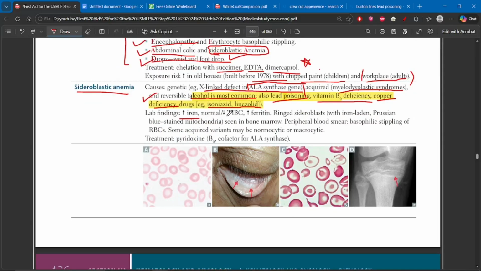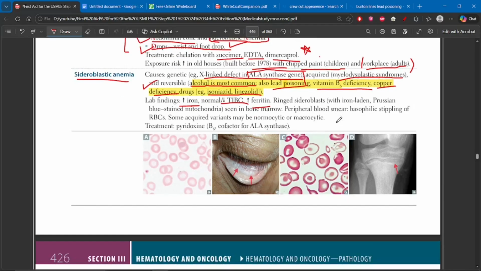So iron is going to accumulate, TIBC is going to decrease, ferritin is going to increase, and it's going to lead to formation of ringed sideroblasts, which I've also explained: this is an RBC, and the iron starts to deposit in a circle.